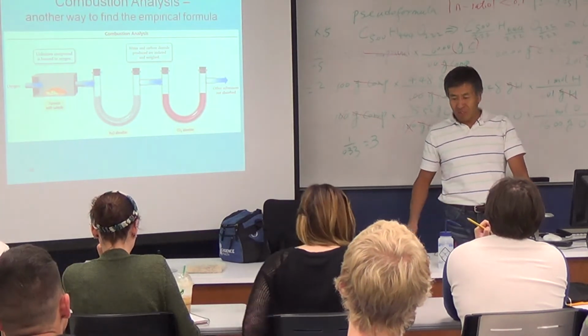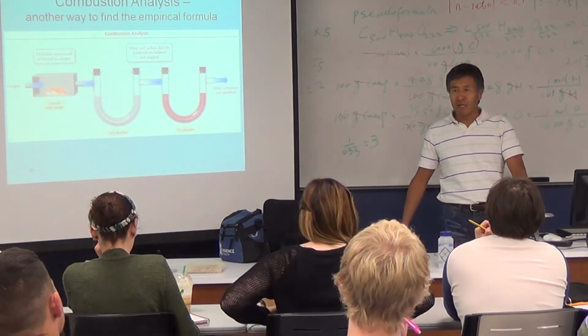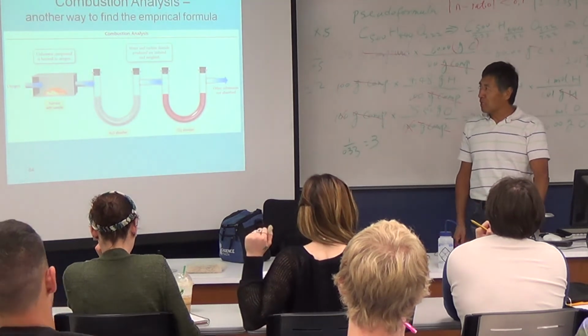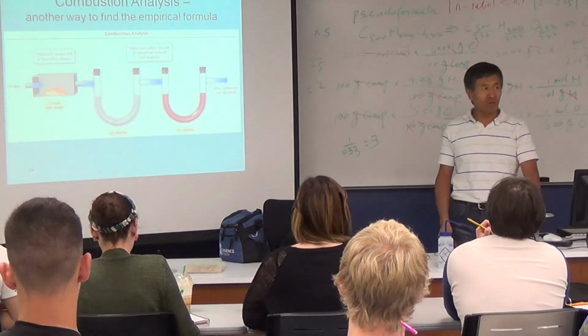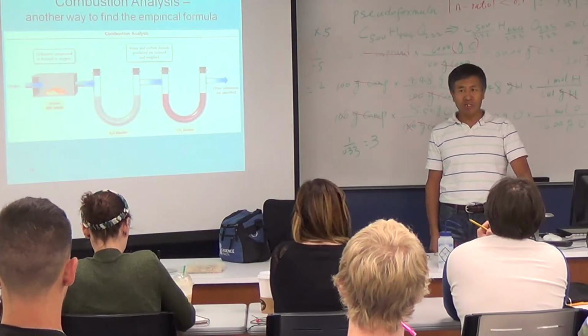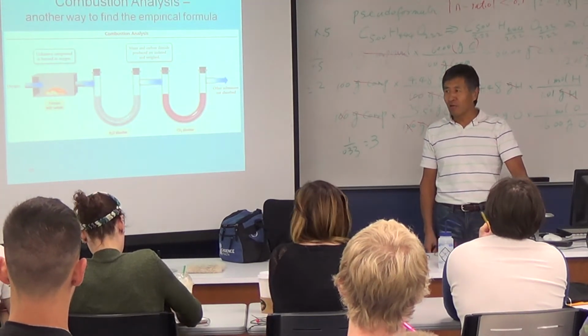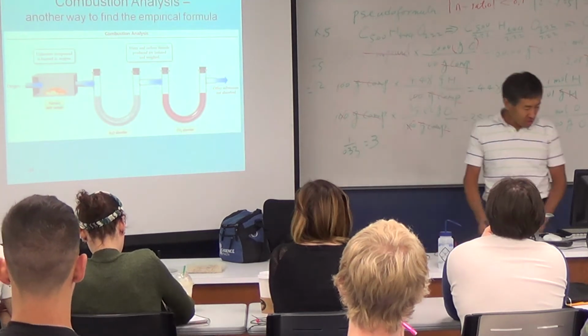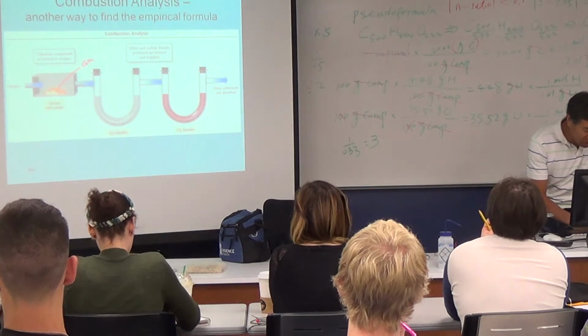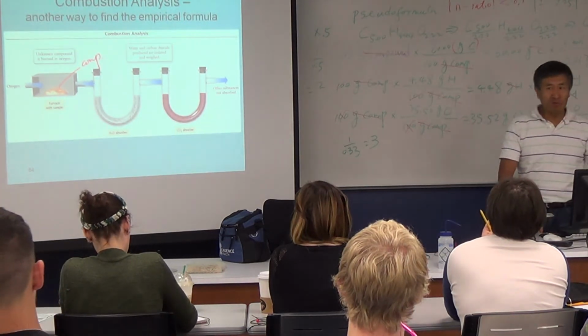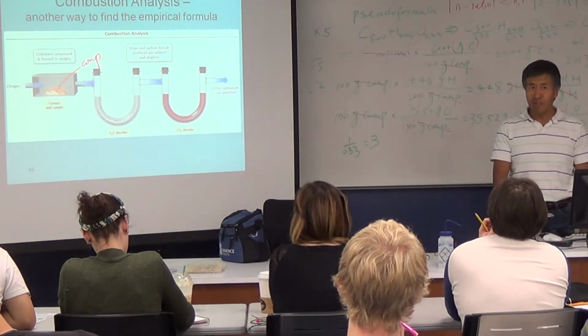So this is one technique, and it typically works well for any compound. In this section we'll emphasize this compound. This will be our compound, and you want to find the empirical formula for it.